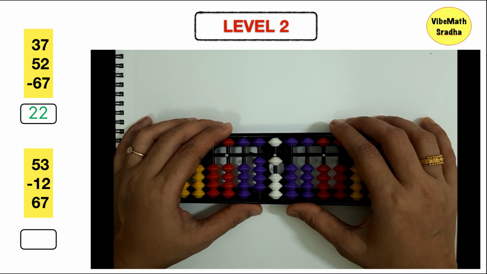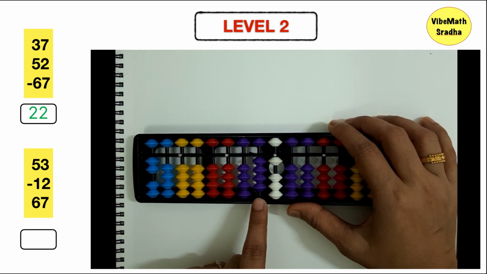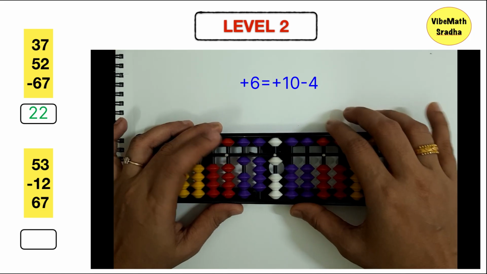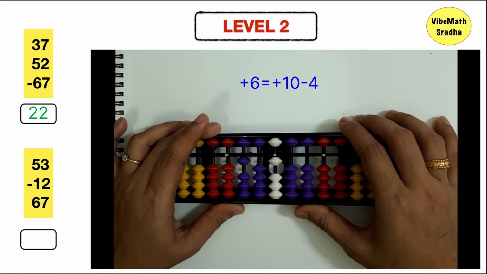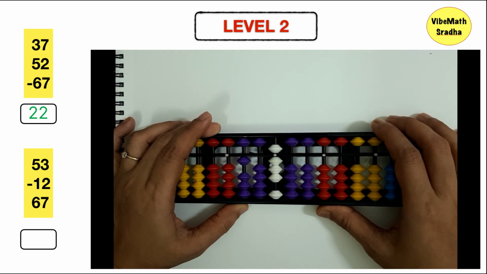Then plus 67, plus 60, we have to do it at tens rod, but it is not possible. We have to take the help of hundreds rod. So, plus 60 is plus 10 minus 4, then plus 7, we have to do it directly. So, answer here is 108.